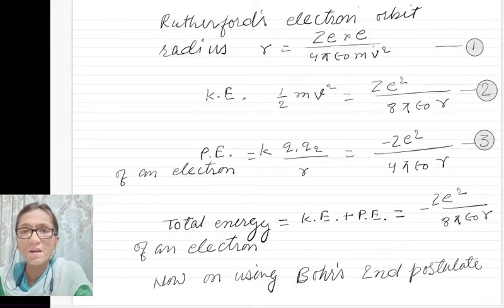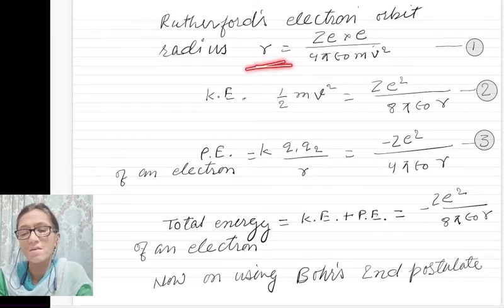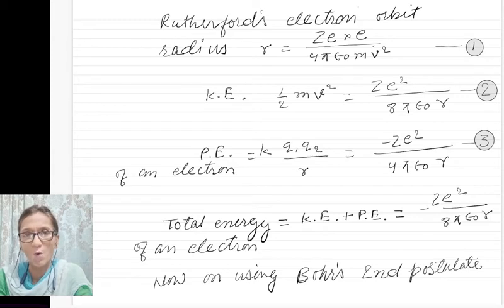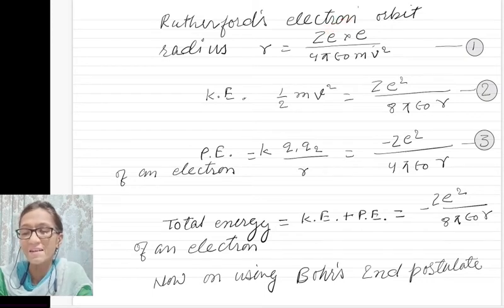In the Rutherford planetary model of an atom, we could not obtain the radius of the circular path of orbit of an electron, as it was given in terms of the velocity of the electron in that circular path. Every quantity was known: Z, the atomic number, charge on electron, epsilon naught, the absolute permittivity, mass of electron, but this velocity was unknown.